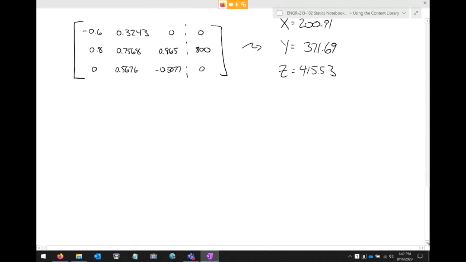Okay, and so what that means is cable AB is experiencing a tensile force of 200.91 newtons. Cable AC is experiencing a tensile force of 371.69 newtons, and then cable AD is experiencing a tensile force of 415.53 newtons.